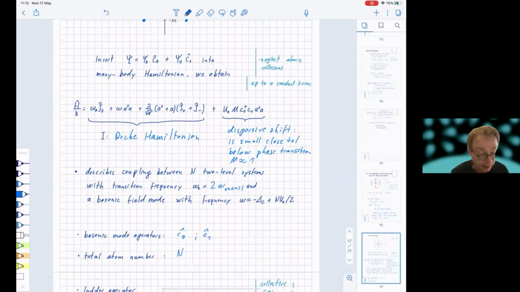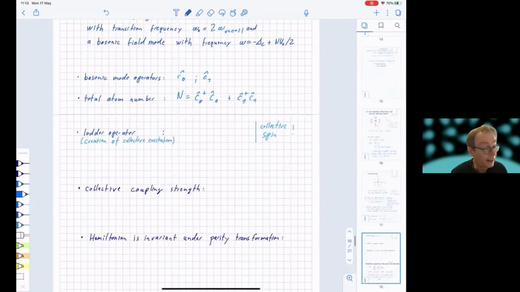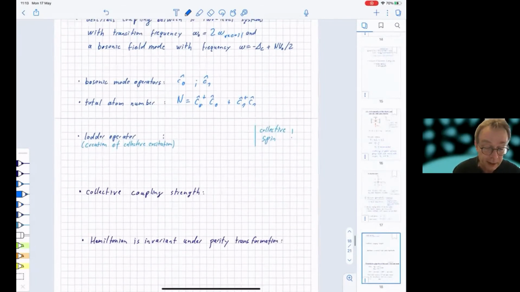Okay, here we need to fill in that C0 are the bosonic mode operators for the Dicke model, and the total number operator is this. Okay, and the ladder operator, I will just write it down. We need to speed up a bit.